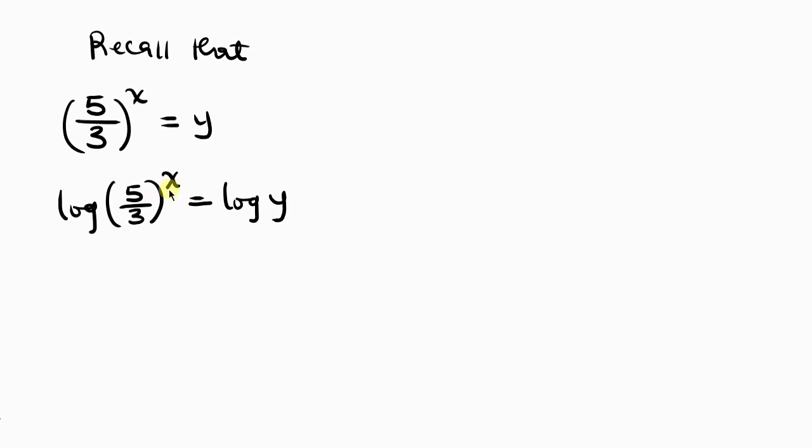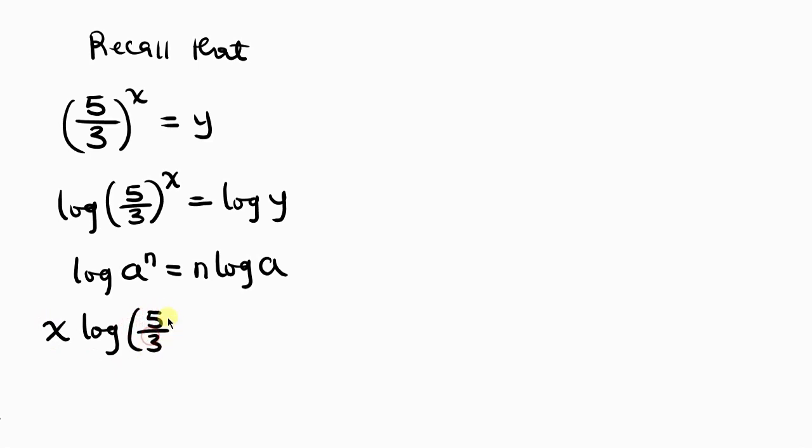Now I'll apply the law of logarithm, which says when I have log a to the n, this is the same as n log a. So I'll apply this here. That means this expression can be written as x log 5 over 3. And this is equal to log y.